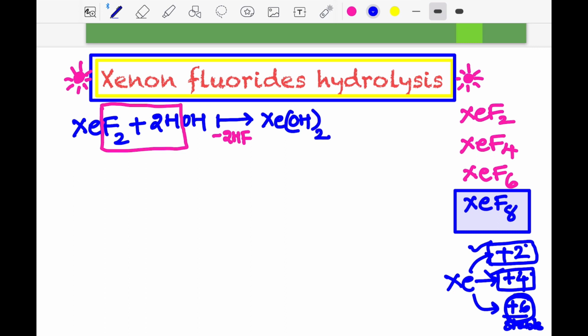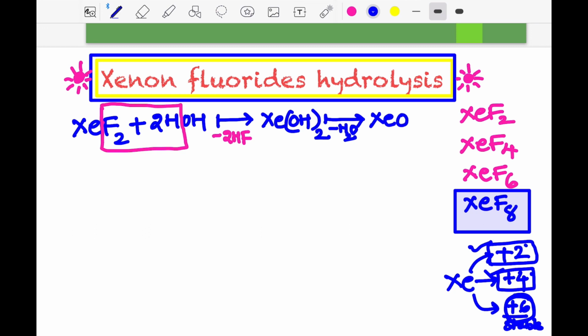But it is also a very unstable compound. Xenon oxygen single bond does not exist. Immediately it loses another water molecule, H2O.